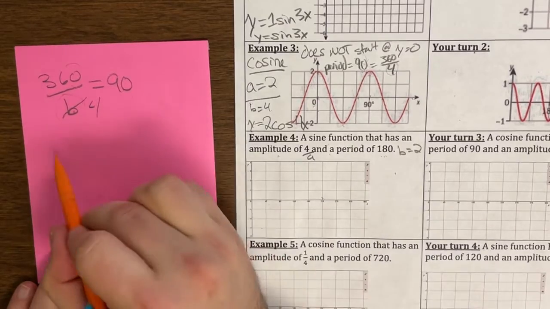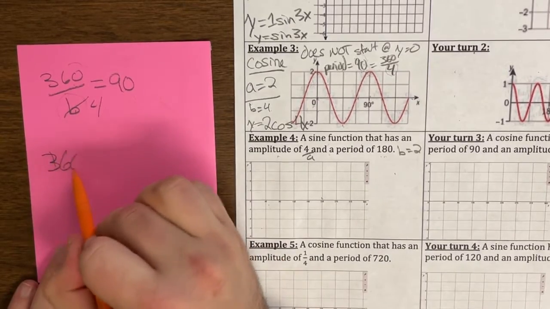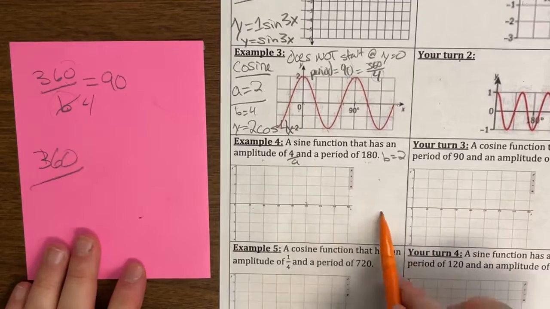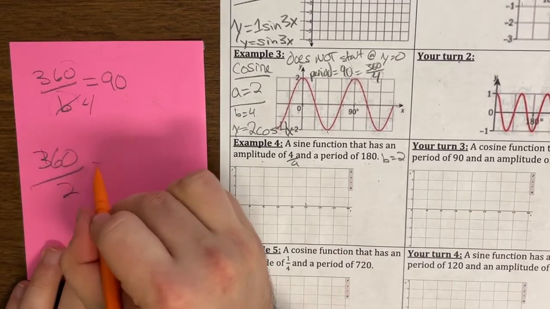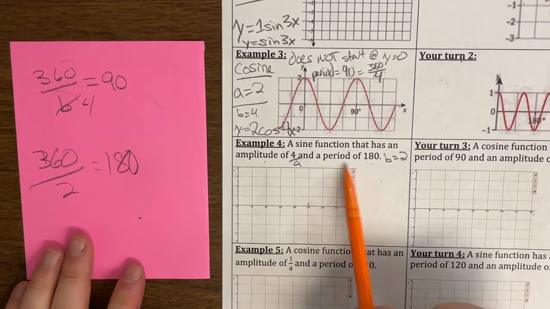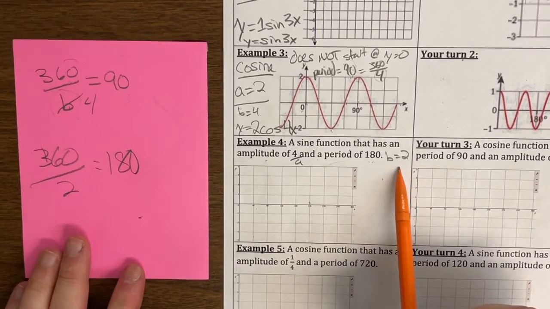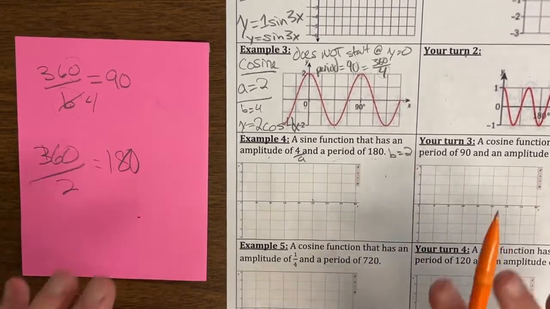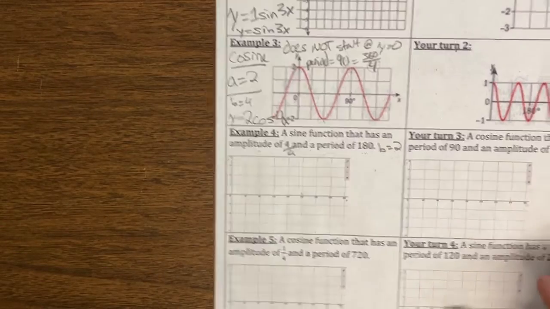Similar idea, 360 divided by 2 gives me my period of 180. So notice how I'm going from the phrase period to my value of b. These are 2 different numbers, so make sure you're careful on that.